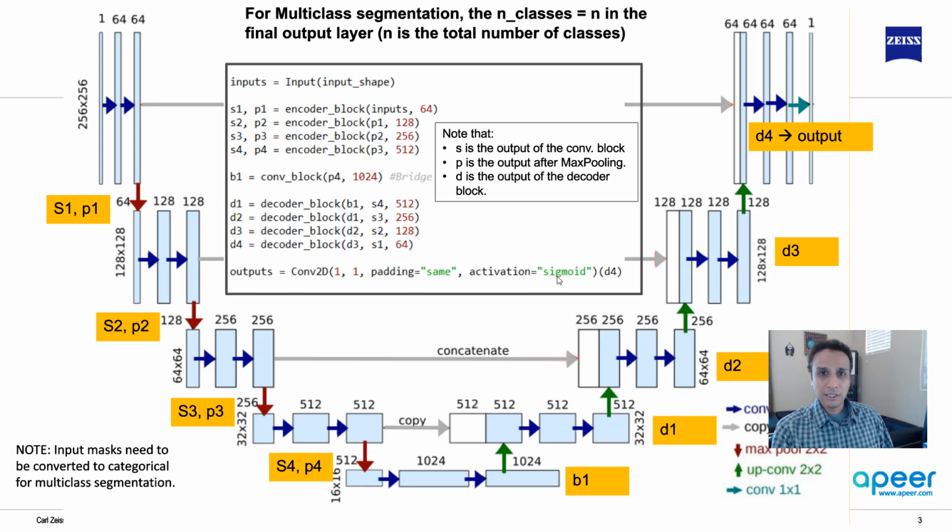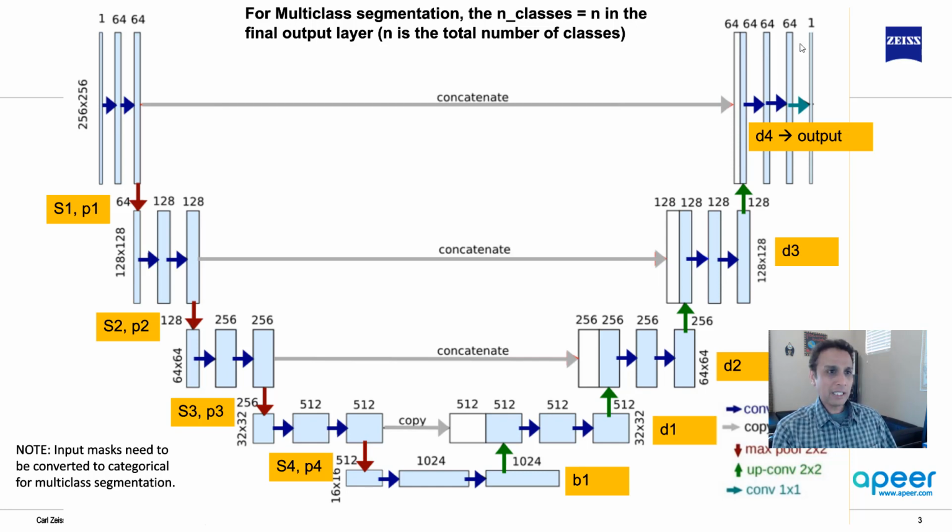The other thing you need to care about is that the activation function is going to be softmax, because this is multi-class classification. Other than that, nothing changes. Only these two things change. Which means we need to change our input masks into a 4-channel mask.